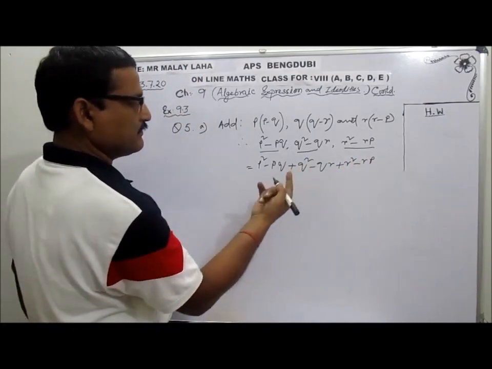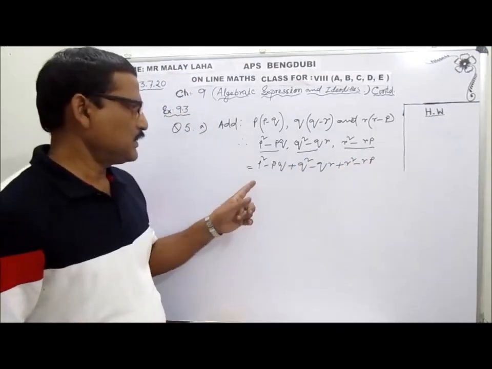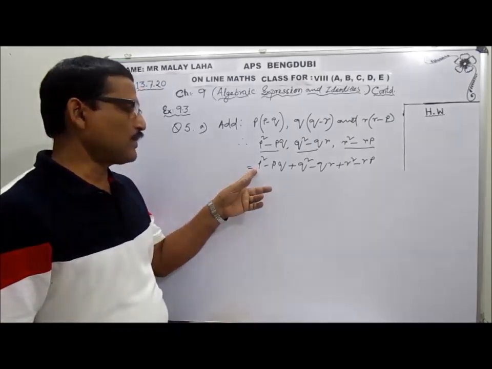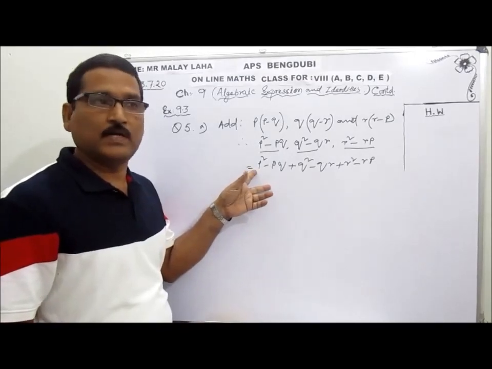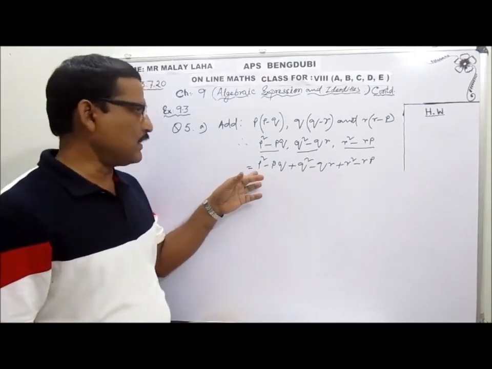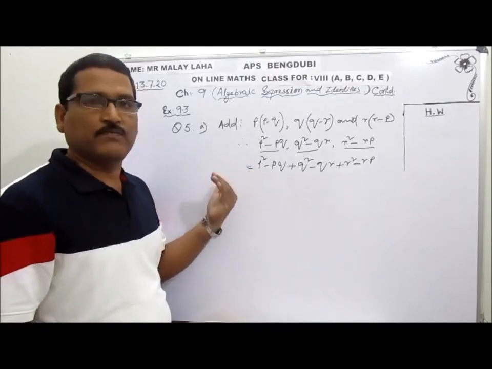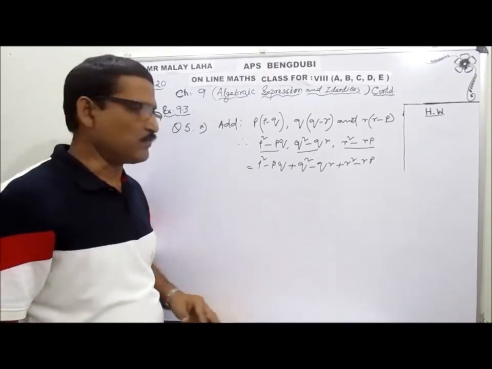Is there any like term here? Nothing. Then what will I do? If there is no like term, then what can I do? I have to write down all the terms serially, but the preference is what? The expression or the term which has the highest power should come first. Thereafter, the term which has less power, you have to write down.